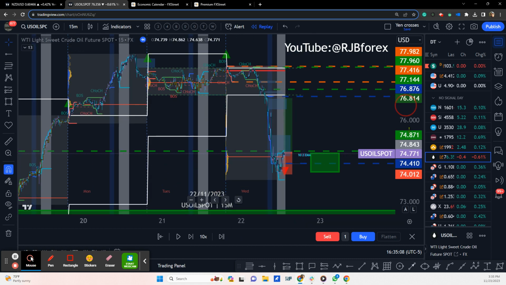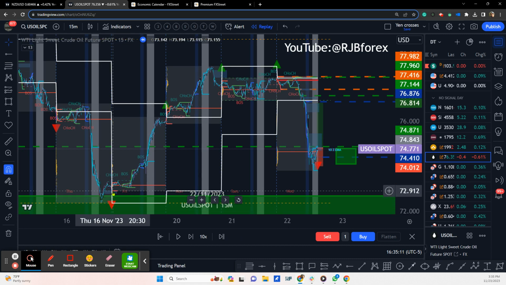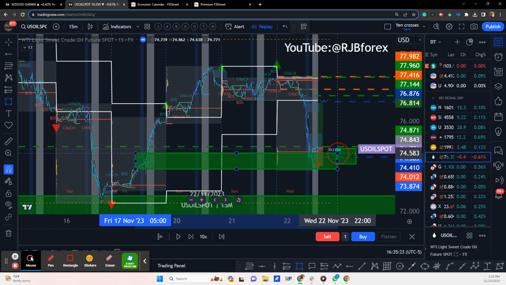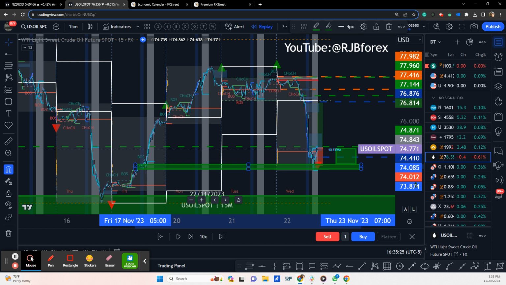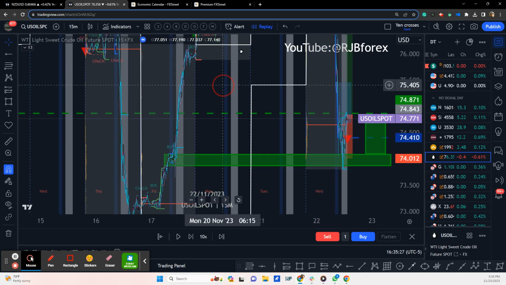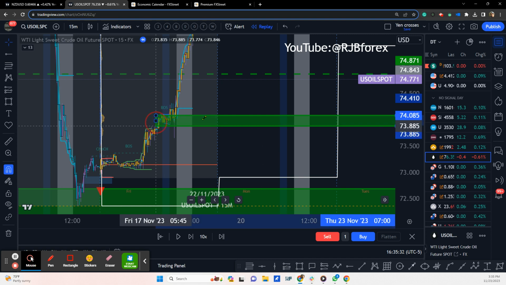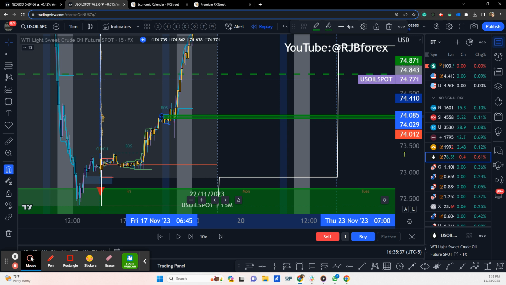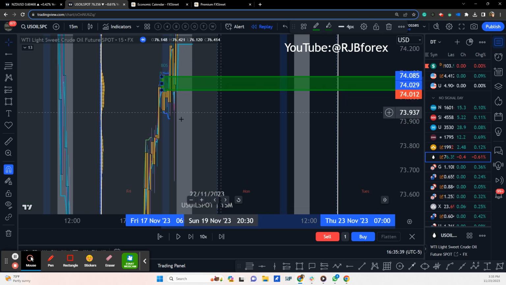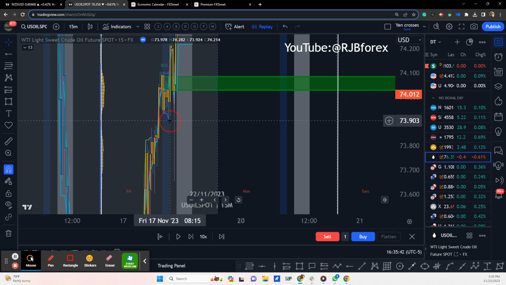What we've done now is we've come in to Friday's pump up and we've stalled. Again, levels. We've stalled at this Friday New York session open low.